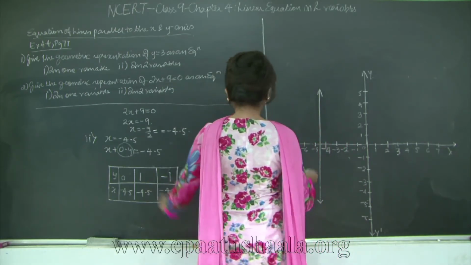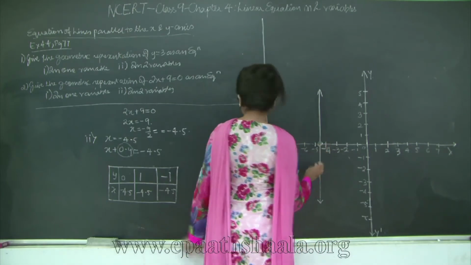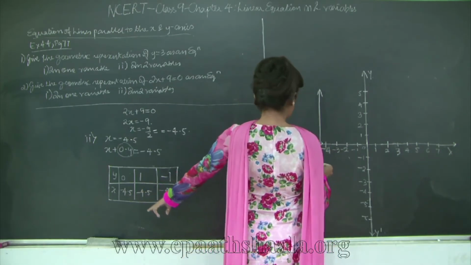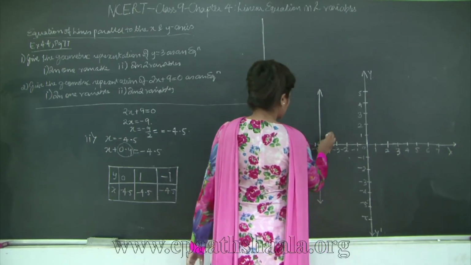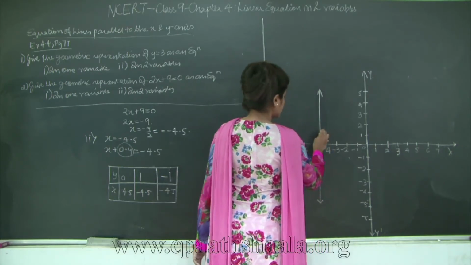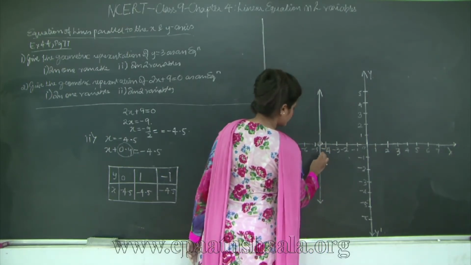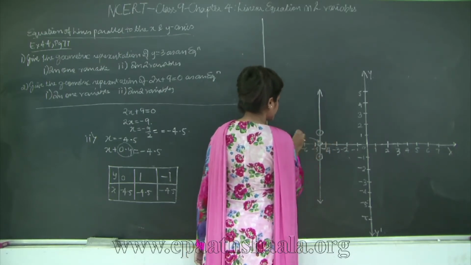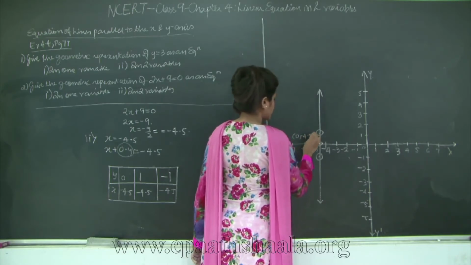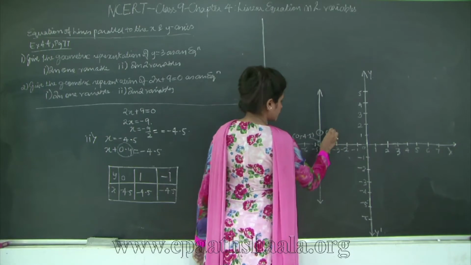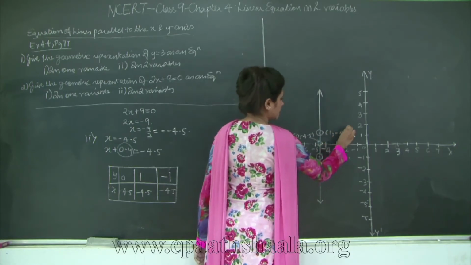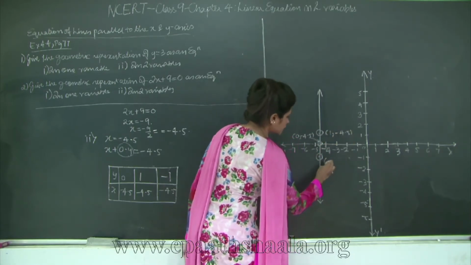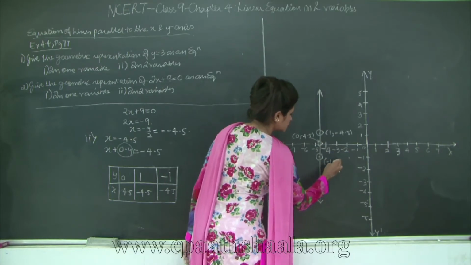So let's mark our coordinates. 0 comma minus 4.5, then 1 comma minus 4.5, and minus 1 comma minus 4.5. So these are my three coordinates. I'll mark these.